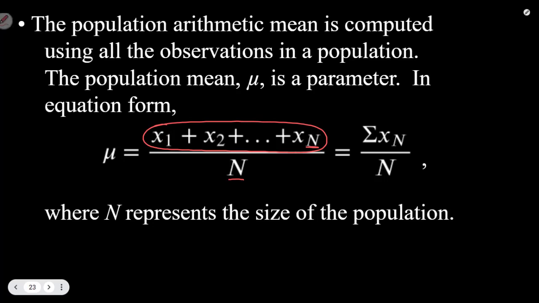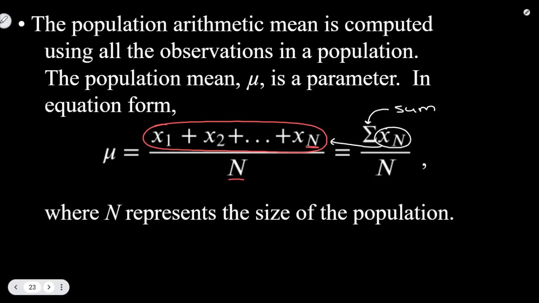Now you may remember seeing this on the calculator when we were looking at some of the things earlier, but this symbol right here is a capital Greek letter sigma, and what that means in math many times is that we are going to take the sum of a group. So that's what this is saying. We're going to take the sum of all of these x values, and you can see that right here.